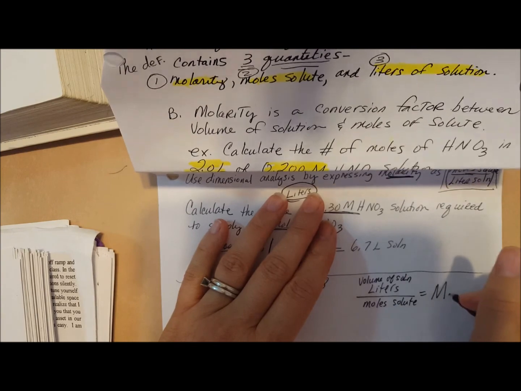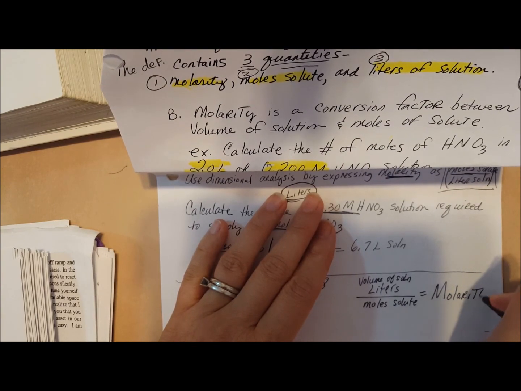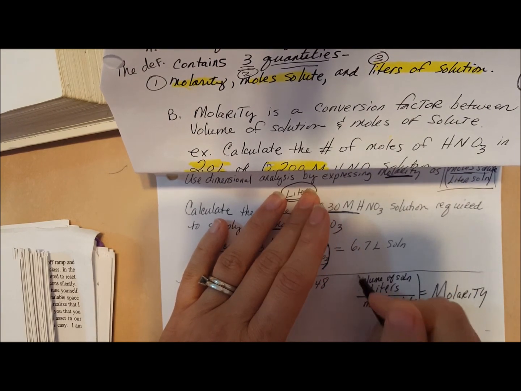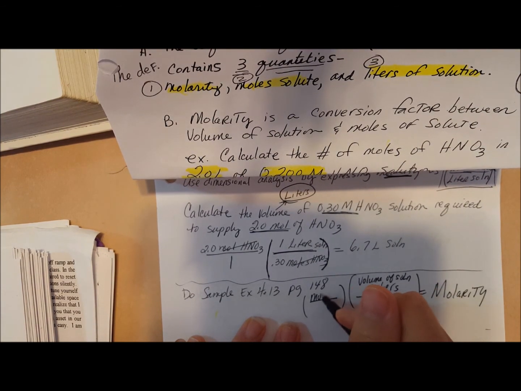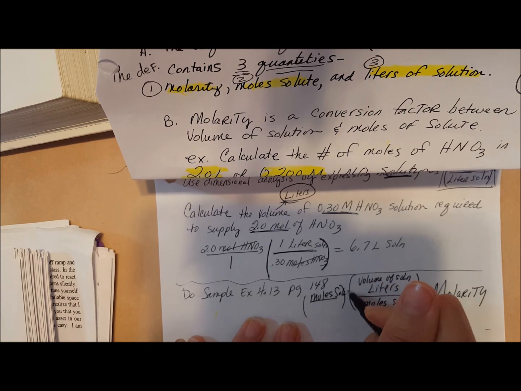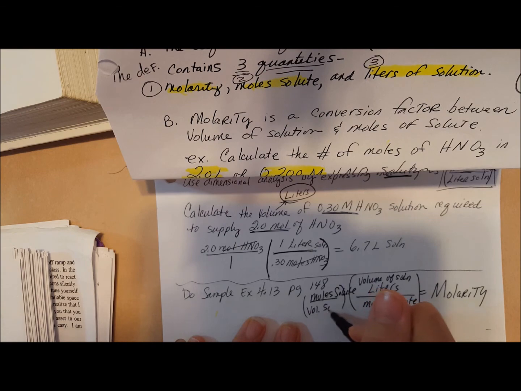Okay, so this is our conversion factor. It could be written this way, or it can be written vice versa. You could put moles of solute over the volume of solution in liters.